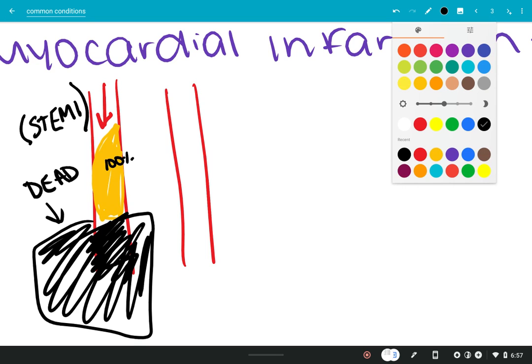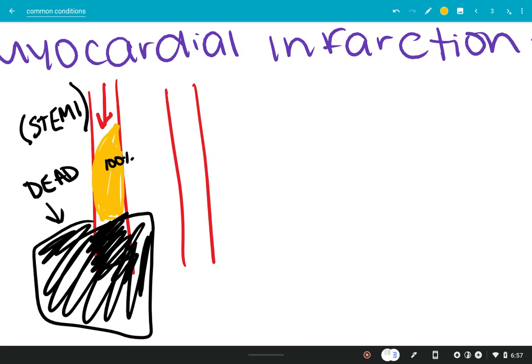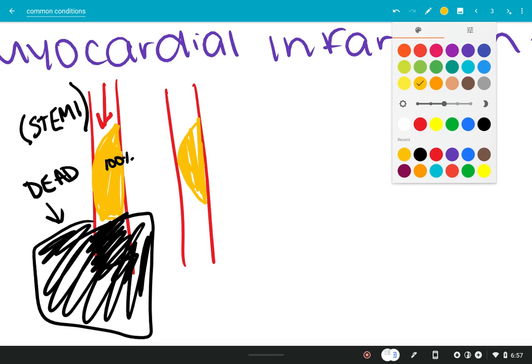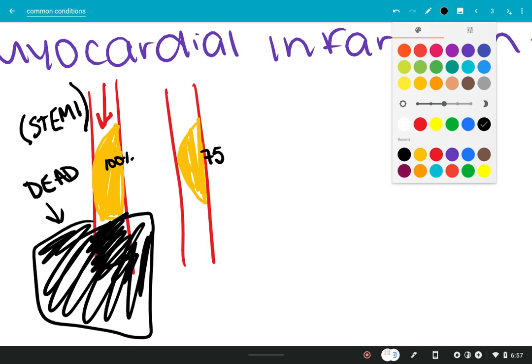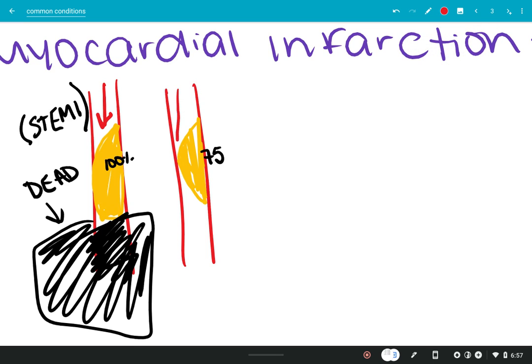Or it could be just partial occlusion, right? But it's still pretty severe. So that's like 75% occlusion. So there's still room for the blood to go. However, if it continues this way, there will eventually be some necrosis.